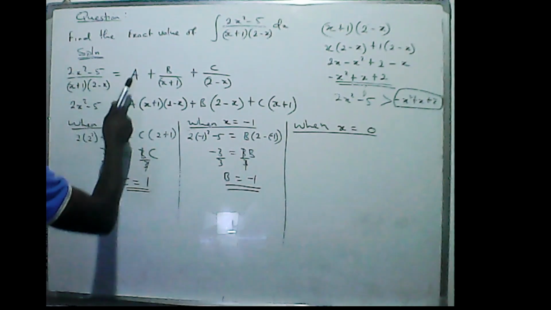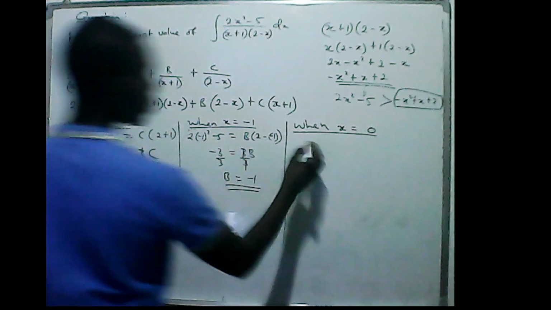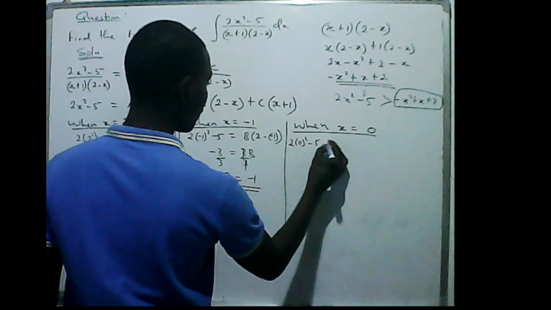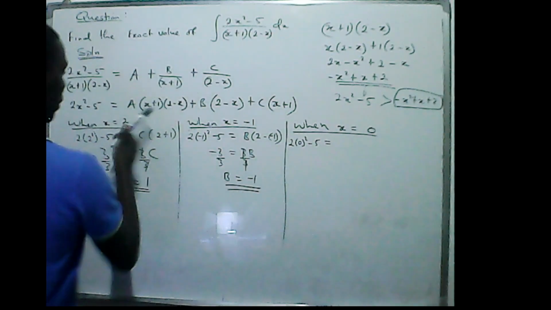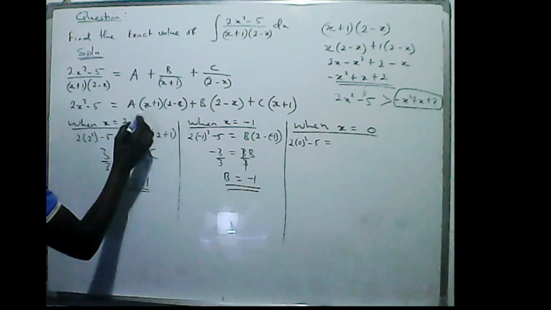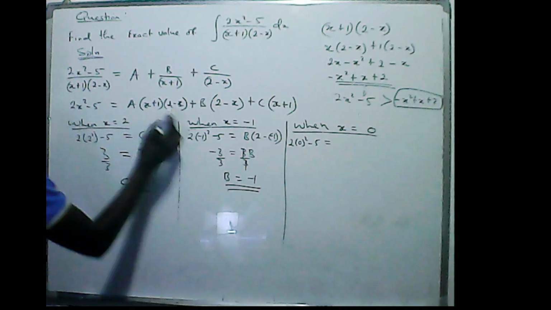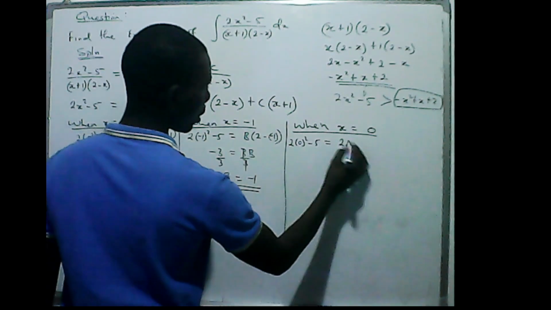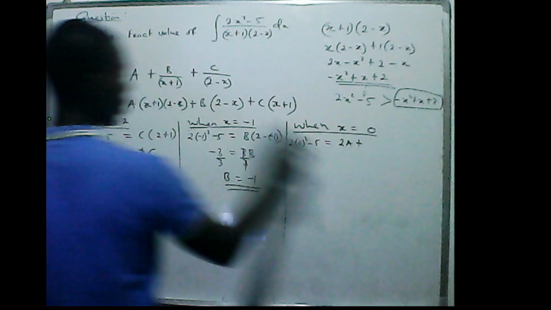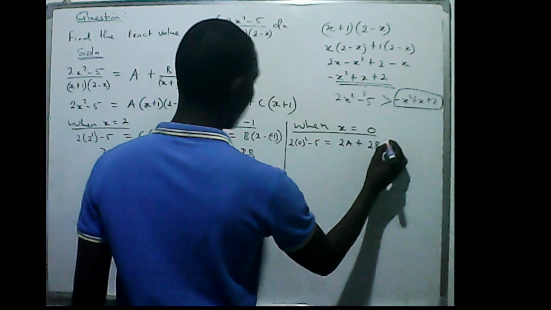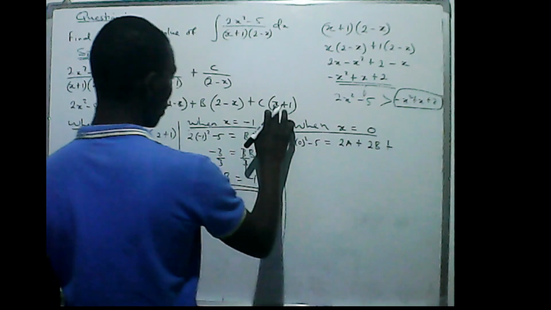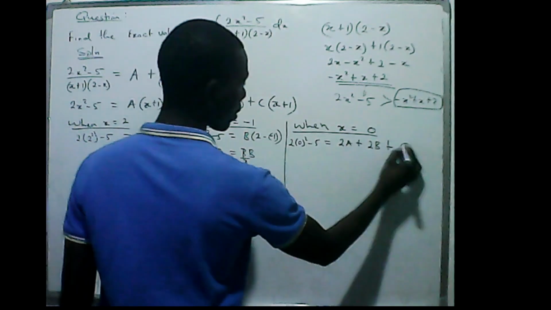Here, if we substitute 0 for x, we get 2 times 0 squared minus 5 equals, when we substitute 0 here and 0 here, we have a times 1 times 2, which is 2a, plus, if we substitute 0 here, we have 2b, plus, if we substitute 2 here, 0 here, we have c.